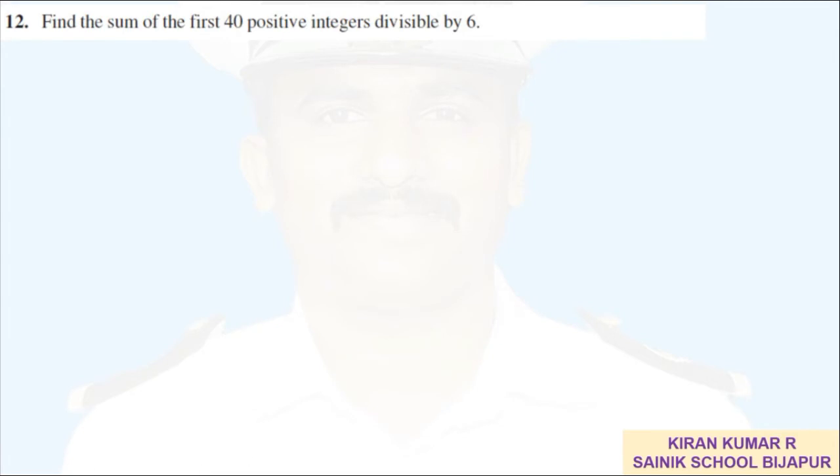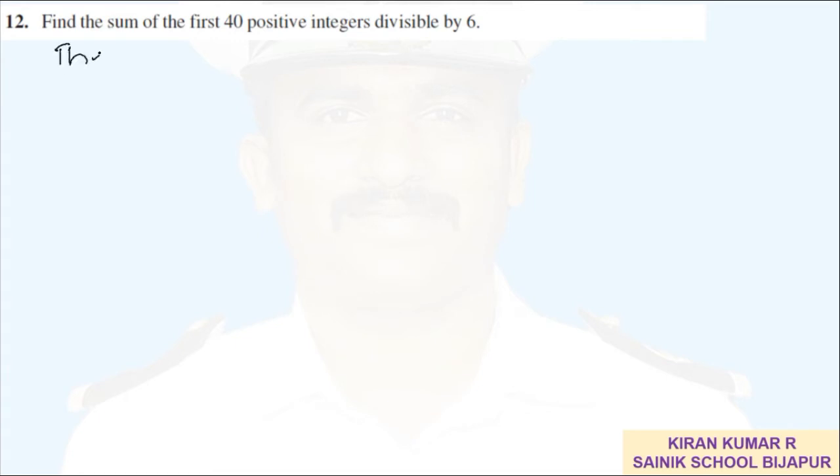Simple question, question number 12. Find the sum of the first 40 positive integers divisible by 6. So now I need to write the first 40 positive integers divisible by 6.